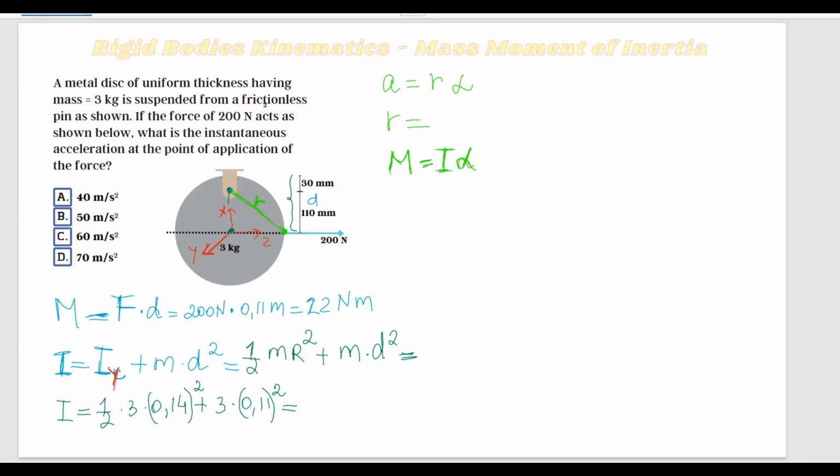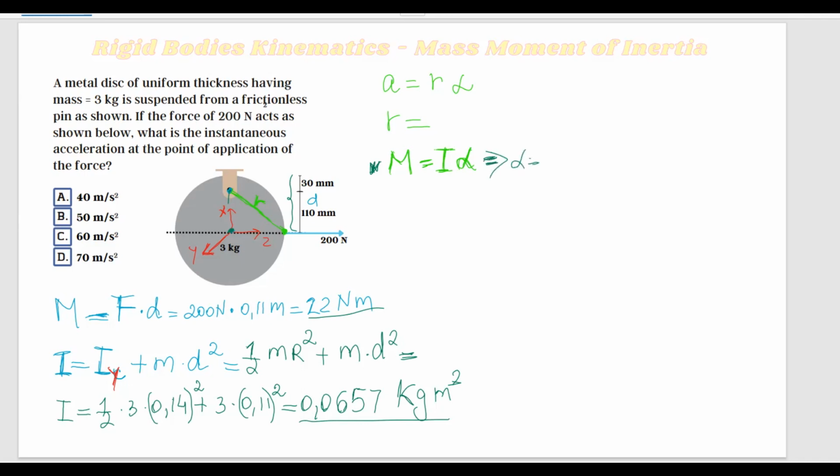So the mass moment of inertia is equal to 0.0657, and the units are kilograms meters squared. Now we have the moment and the mass moment of inertia. We come back to this formula and calculate the angular acceleration.